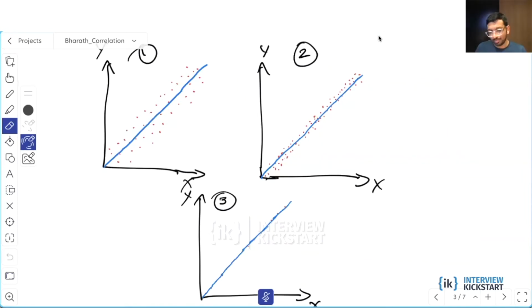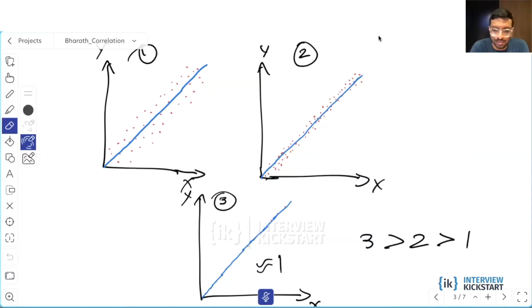So if we were to compare the correlation coefficients in cases 1, 2, and 3, it's pretty evident looking at this that we would see 3 have a higher correlation coefficient than 2, which in turn has a higher correlation coefficient than 1. And in fact, since pretty much all the points in case 3 lie on the line, we can say that the correlation coefficient in case 3 is almost equal to 1, because it's a normalized quantity, right?